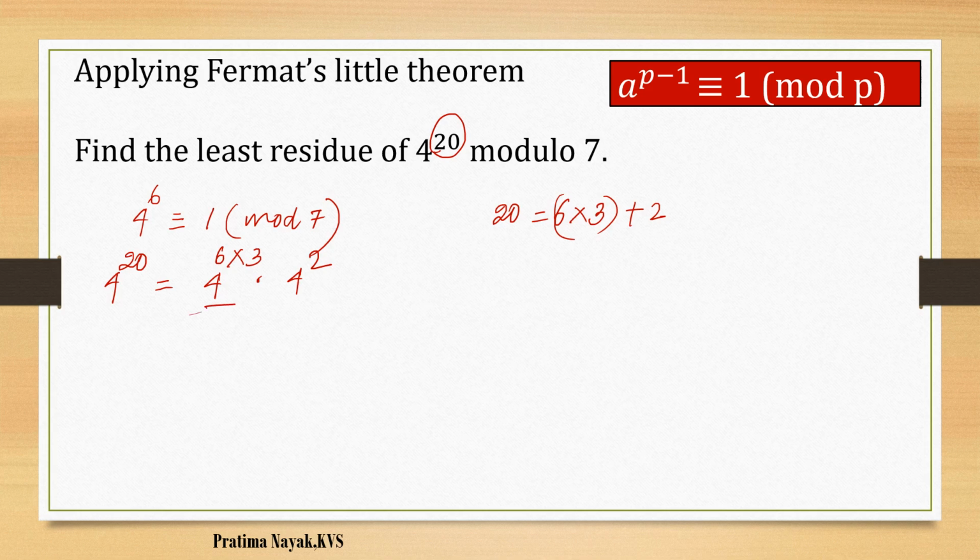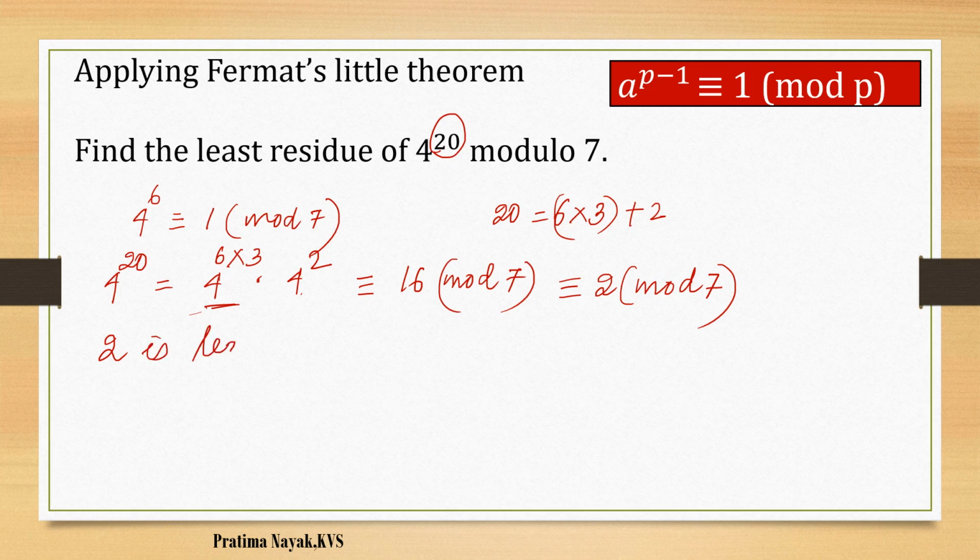This gives 1 modulo 7 times 4 squared, which is congruent to 16 modulo 7. 16 divided by 7 gives the remainder 2. So this is the same as 2 modulo 7. So 2 is the least residue, or the remainder.